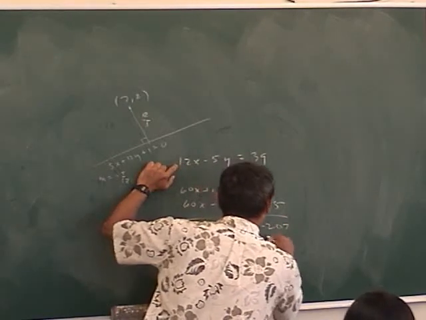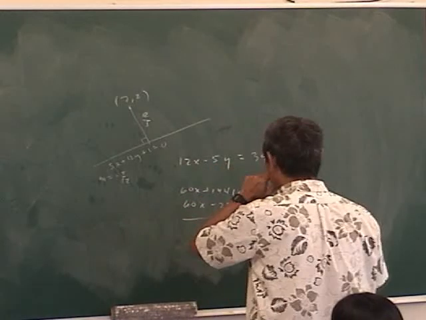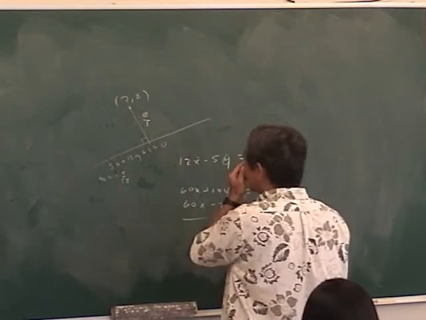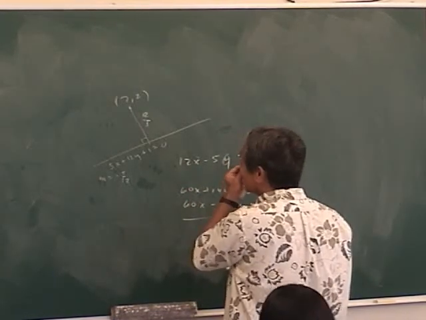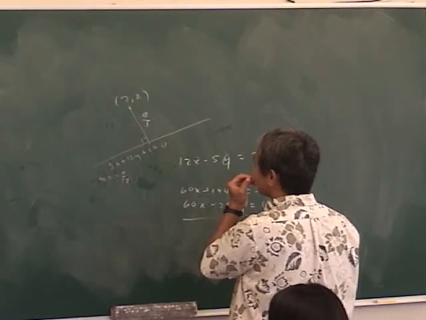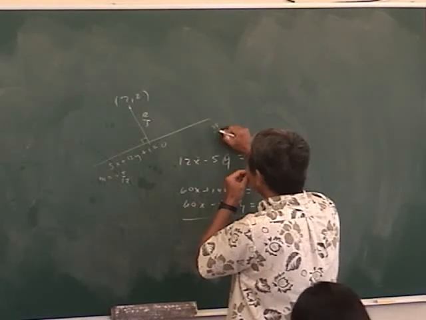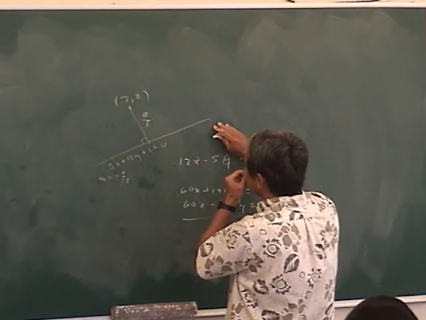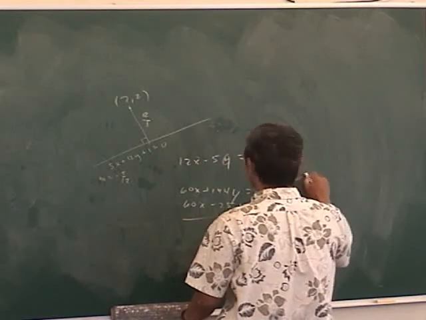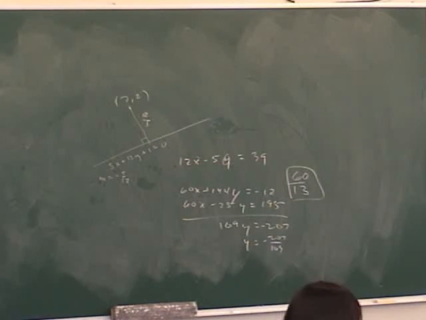So y equals negative 207 over 169. Okay, plug it back in to get x. How much time do I have? 20 seconds. Okay, plug it back in. 60 13ths.